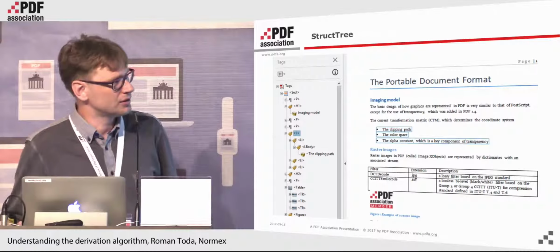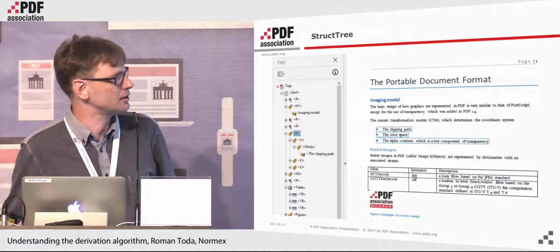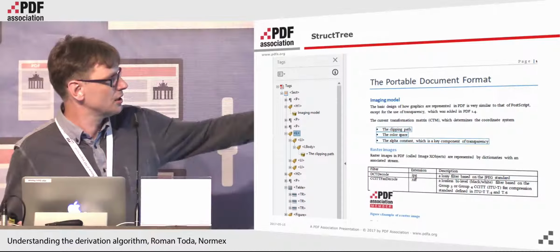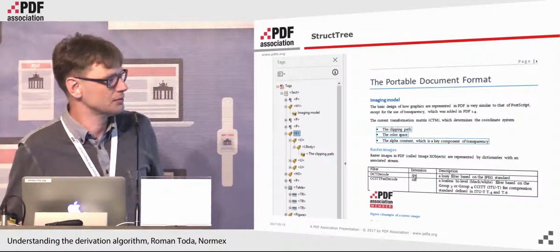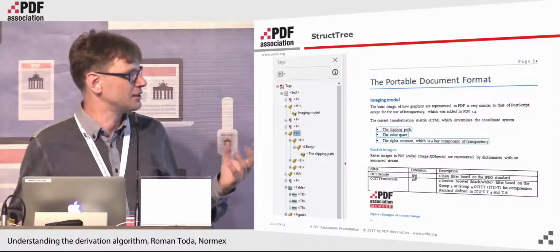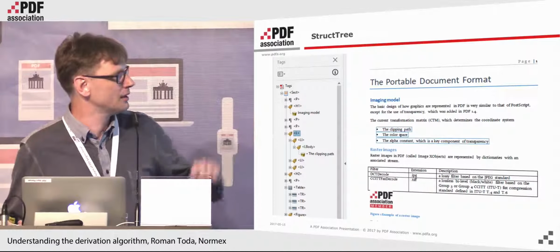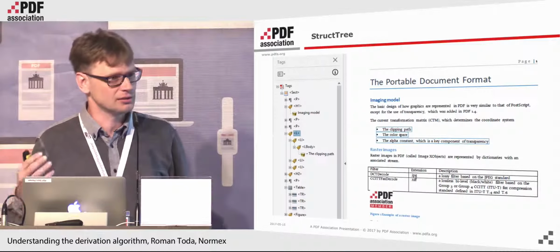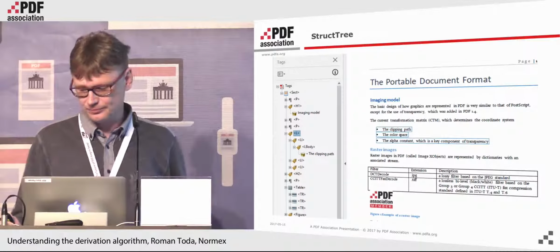But what is the real meaning of the PDF file? So if you look at the text as the document is structured, you have the H1, which actually says we have a heading 1, and it's "imaging model". That's the real content in a PDF file.